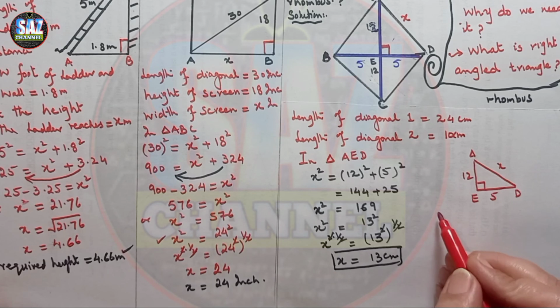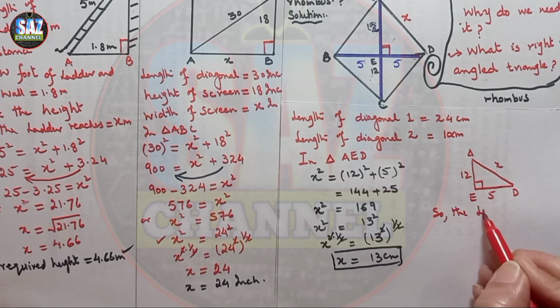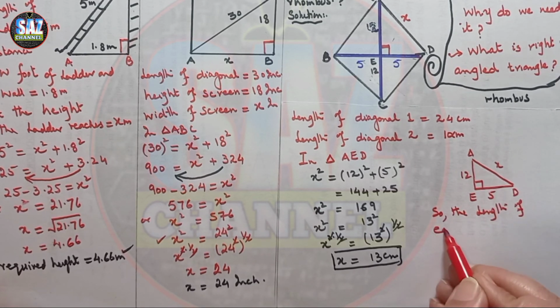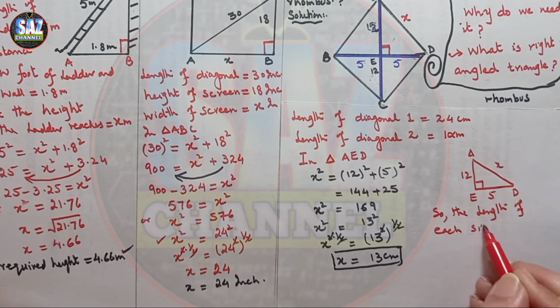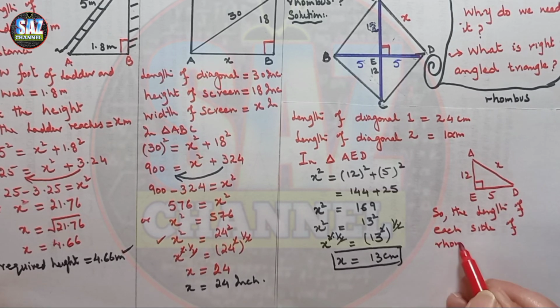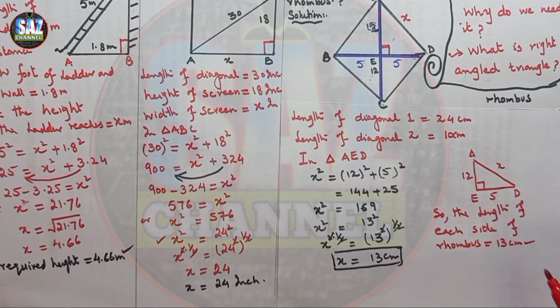So the length of each side of the rhombus equals 13 centimeter.